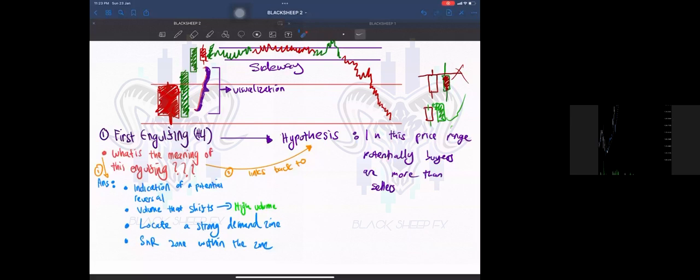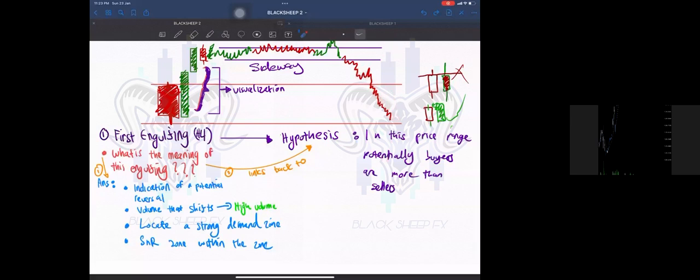So the hypothesis is: the bigger the breakout that formed the engulfing zone, the stronger the potential of the upcoming buy.